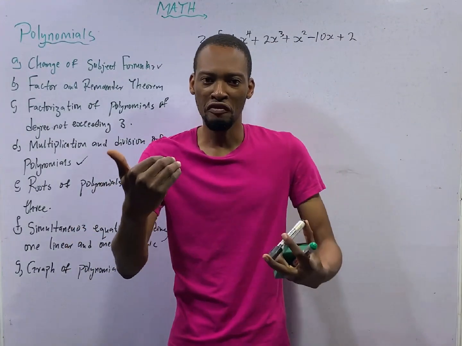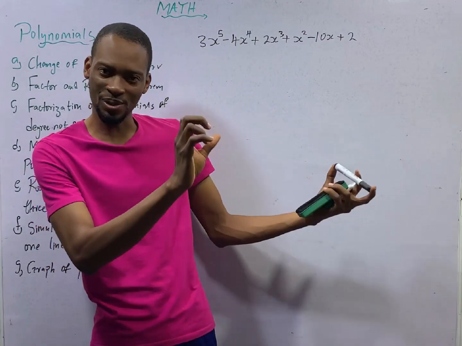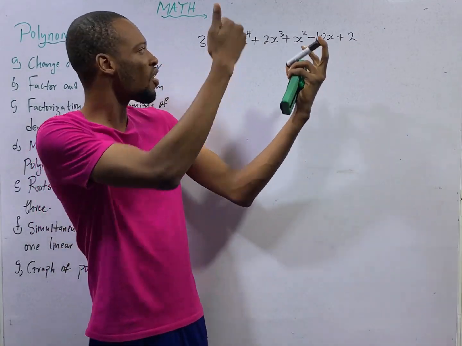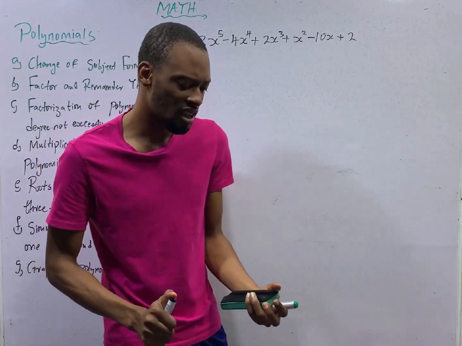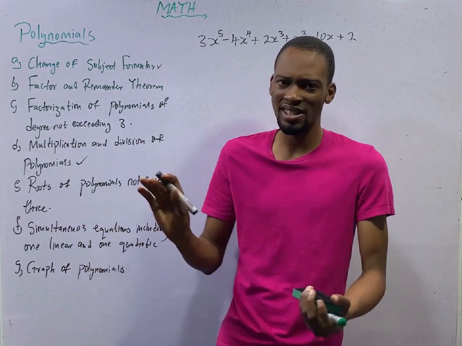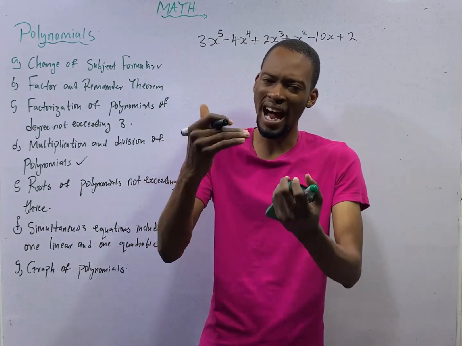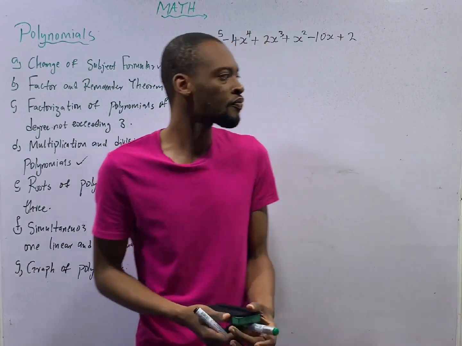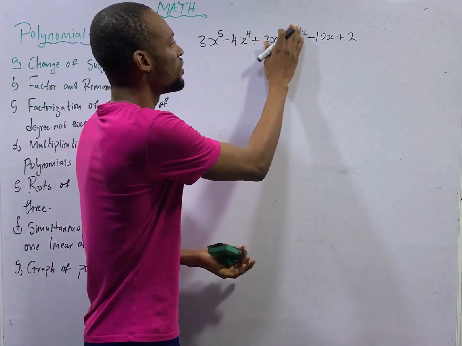So far, we've been able to establish that polynomials are expressions with ascending or descending power of variables. And we said that the degree of polynomial is the power of variable, or the highest power of variable. Looking at this polynomial, you see the powers are descending.